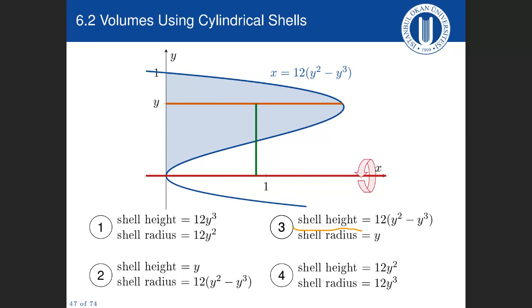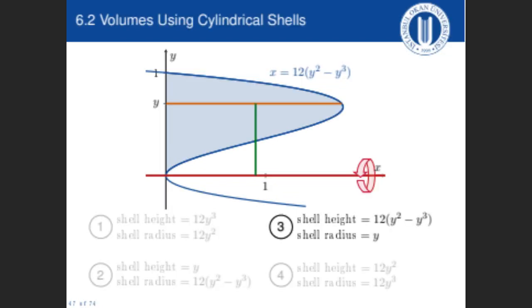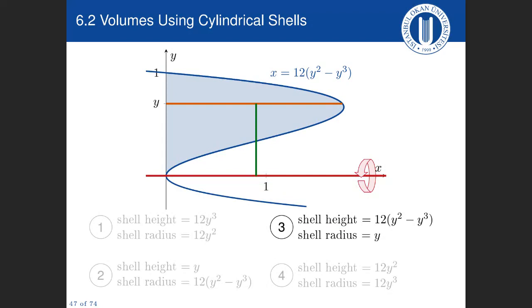On the left-hand end, I have 0, and on the right-hand end, it's 12 y squared minus y cubed. So the shell height is going to be 12 y squared minus y cubed. The shell radius, I'm drawing in green in these pictures. This is the shell radius. Y at the top, 0 at the bottom, the shell radius is y. The correct answer was 3.